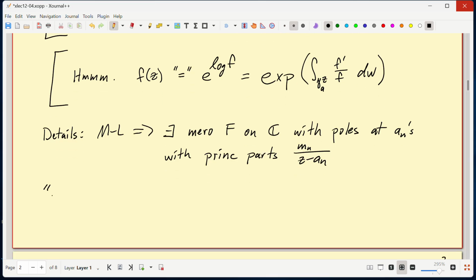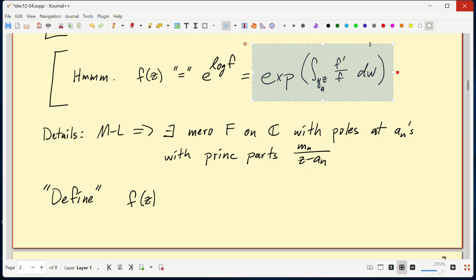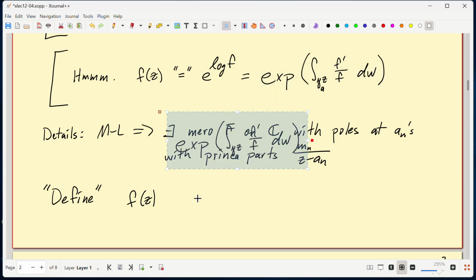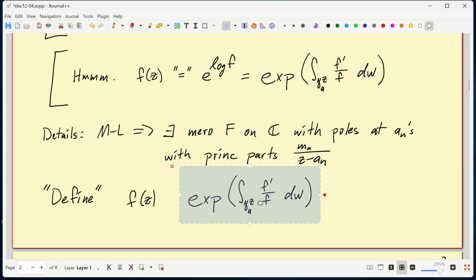Okay, now I'm going to say define, in quotes, f of z is going to be that thing I wrote there. Let me cheat. Where gamma AZ is a curve.